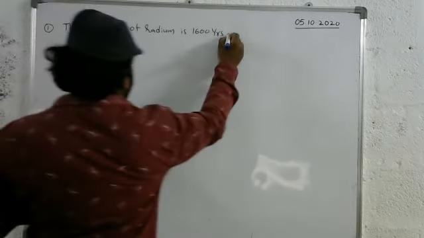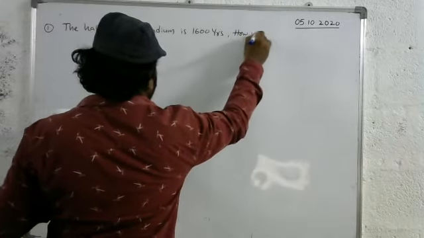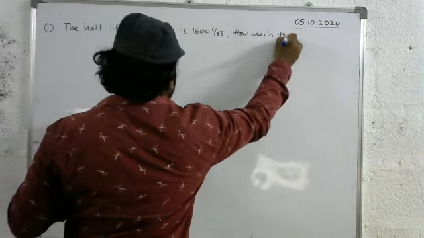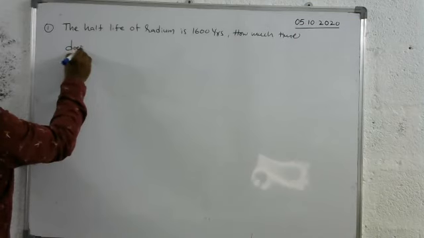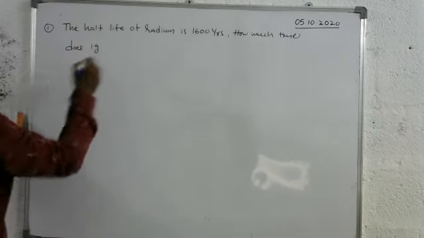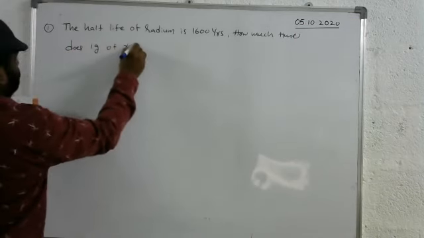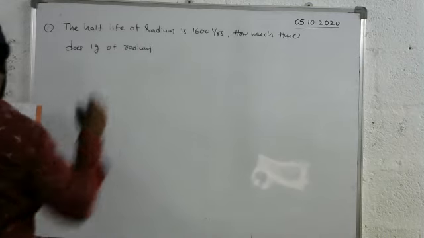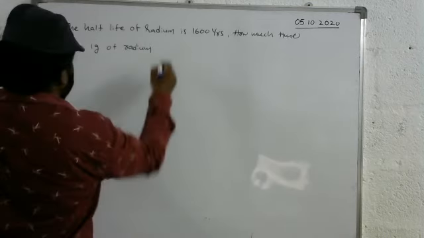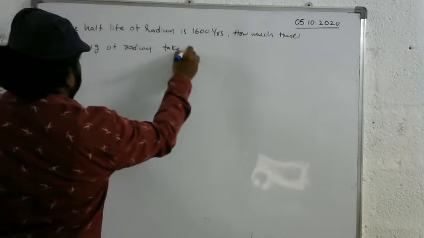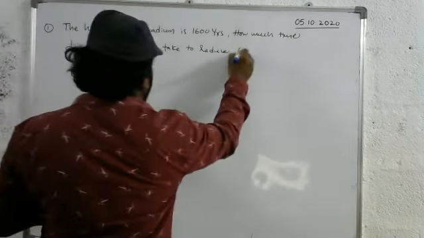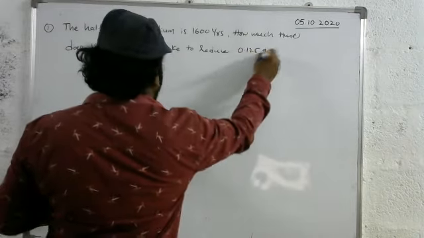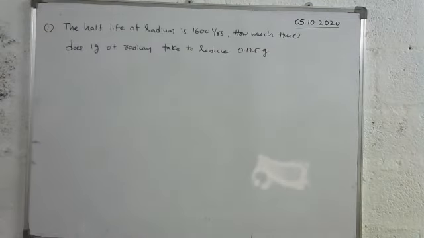How much time does 1 gram of radium take to reduce to 0.125 gram?